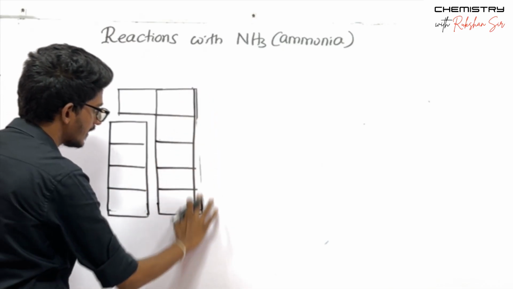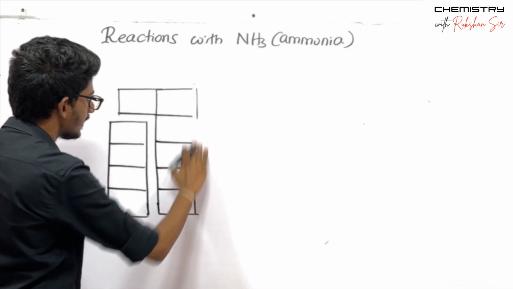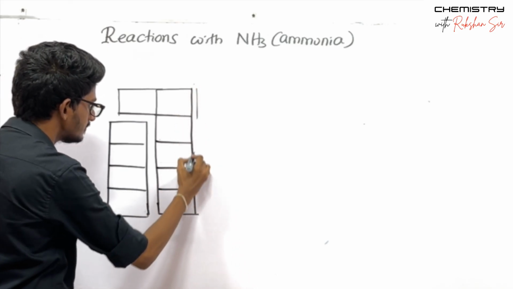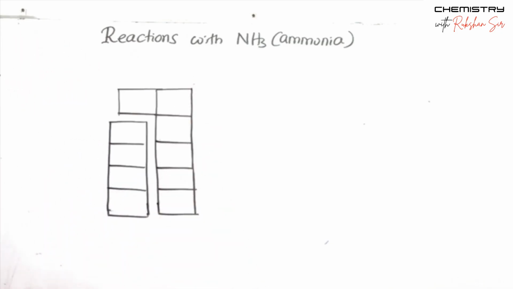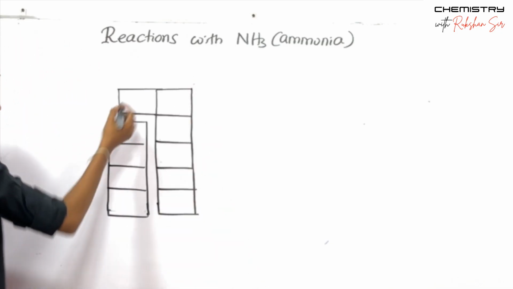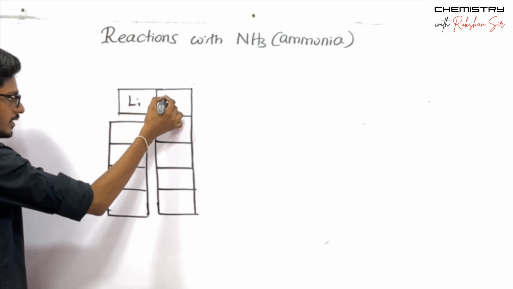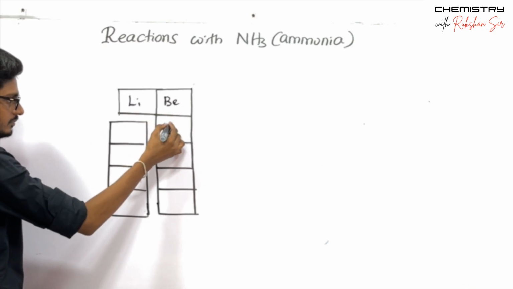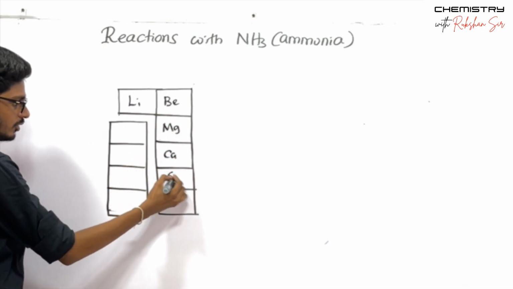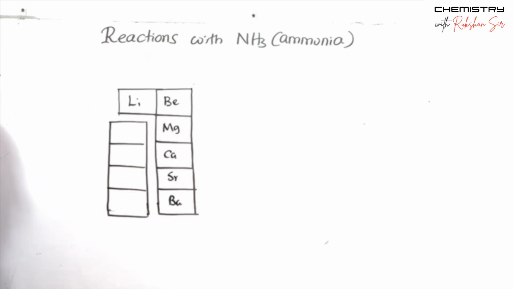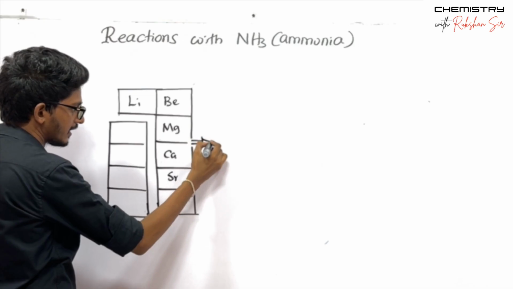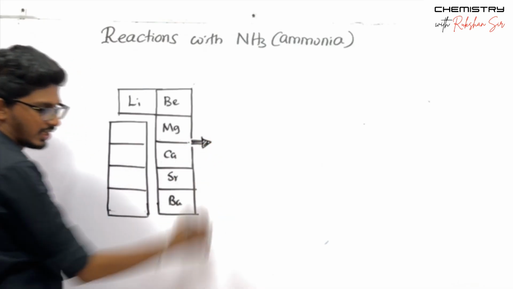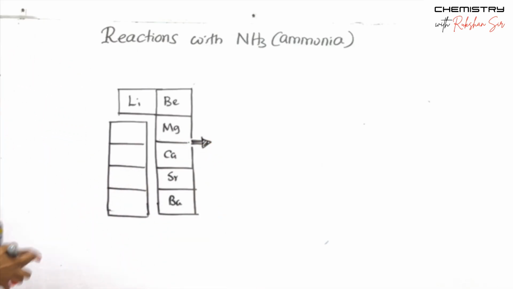We can divide them into two sections. Lithium, beryllium, magnesium, calcium, strontium, and barium come up as metals with cations with high polarizing power, or high charge density.